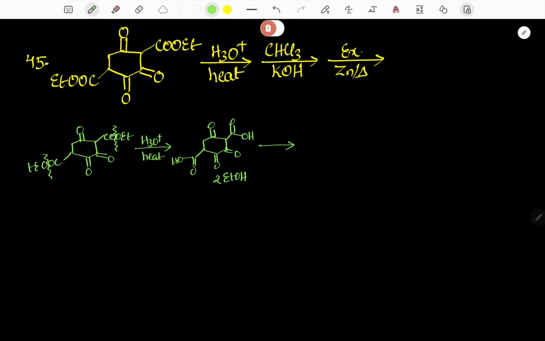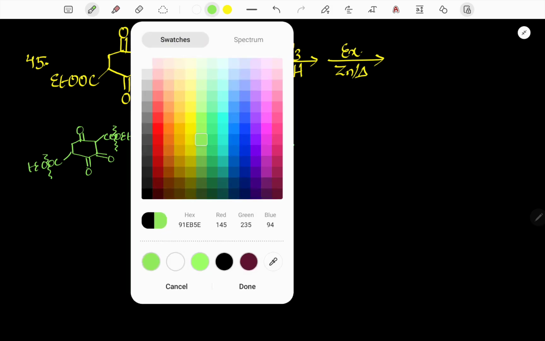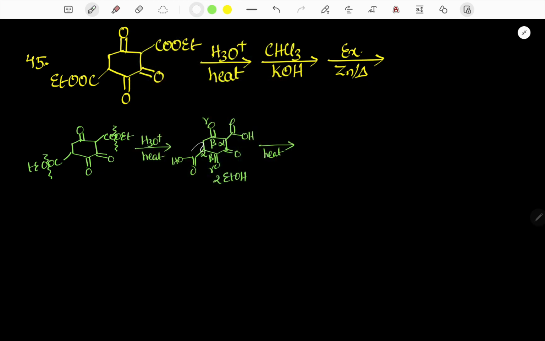Now it is treated with, of course here heat is also given. So if you see the structure, alpha, beta, gamma. So what we can do here, we can remove the CO2. So in the case of tautomer possibility, you can write decarboxylation directly.